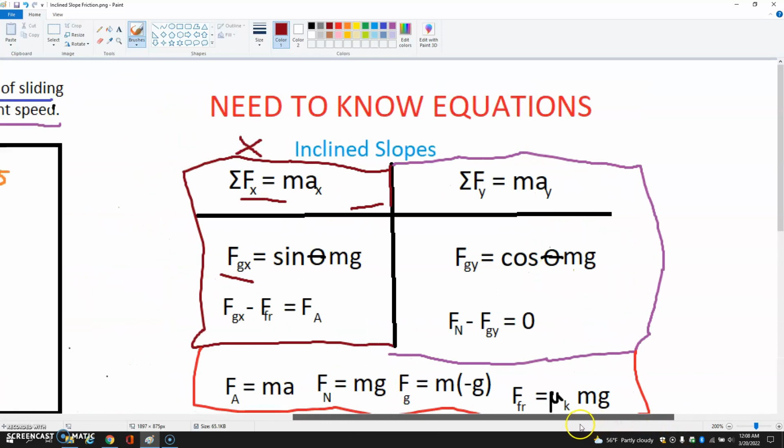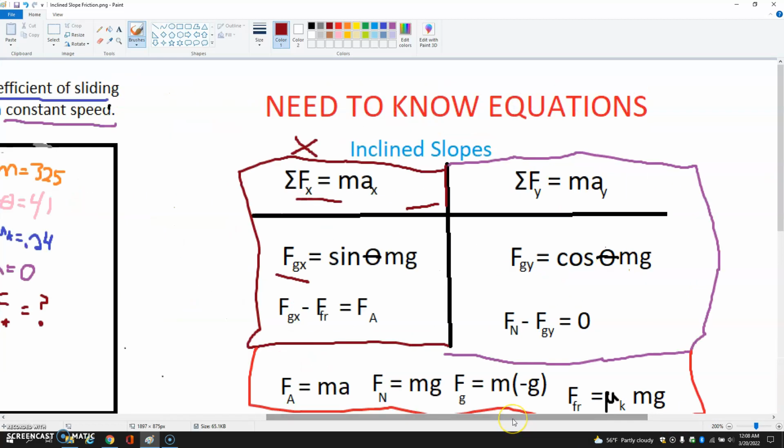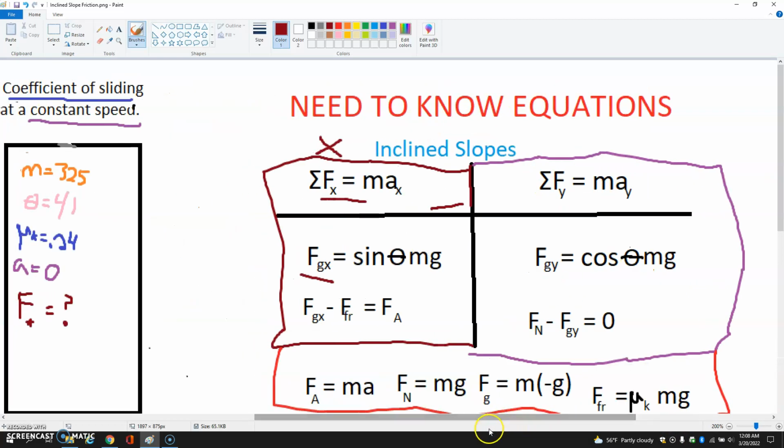Okay. And the last part, which I talked about earlier, the need to know equations. So if you have these written down in your formula sheet, it will make your life so much easier. For some reason, our teacher wants us to memorize these.